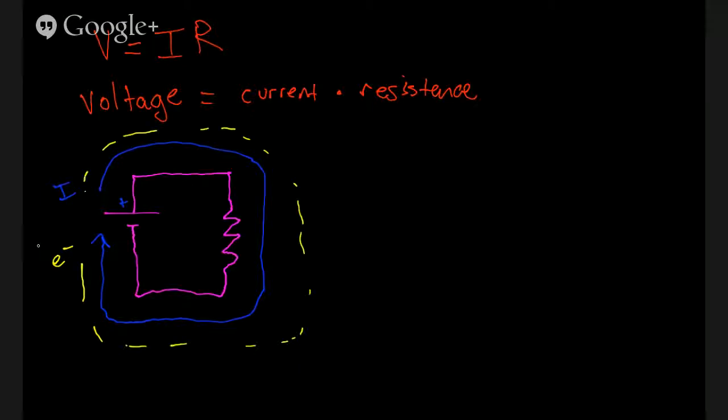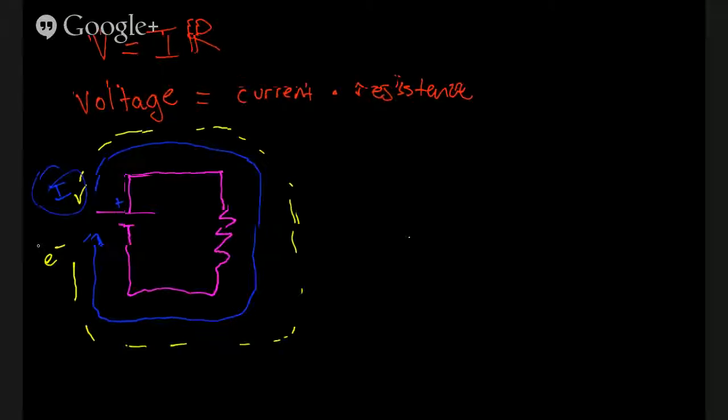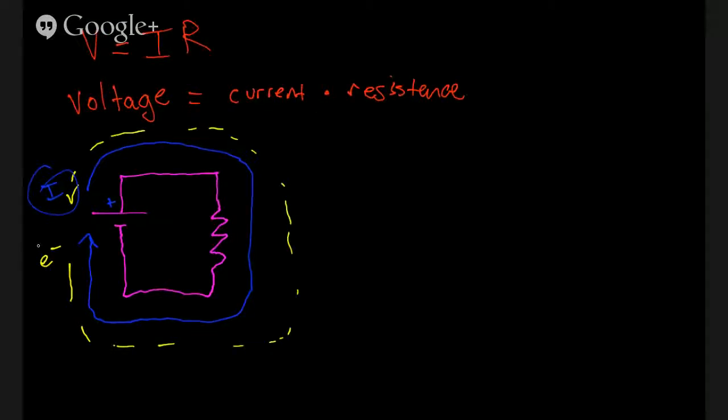But for most of the day, we're only going to be concerned about conventional current. We're not going to need to worry about the electrons. And the reason why we don't worry about electron flow all the time, where we prefer conventional current, is particularly in semiconductors.